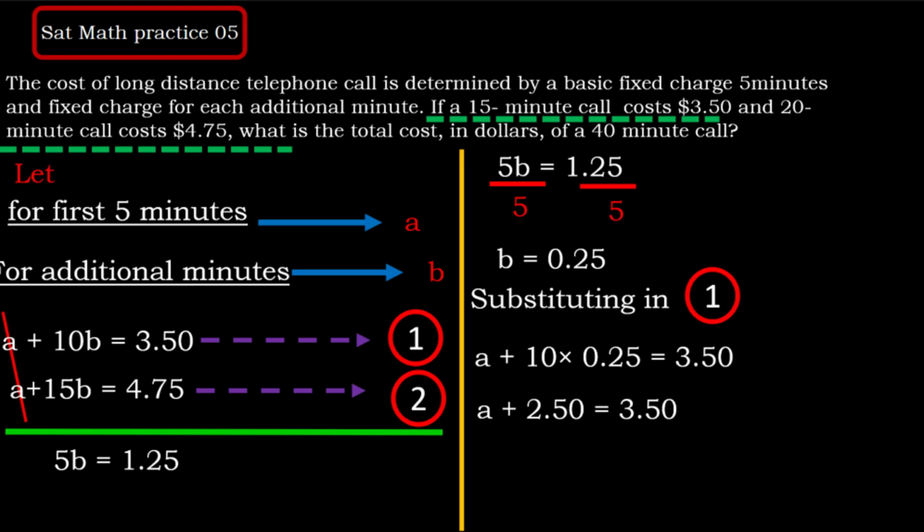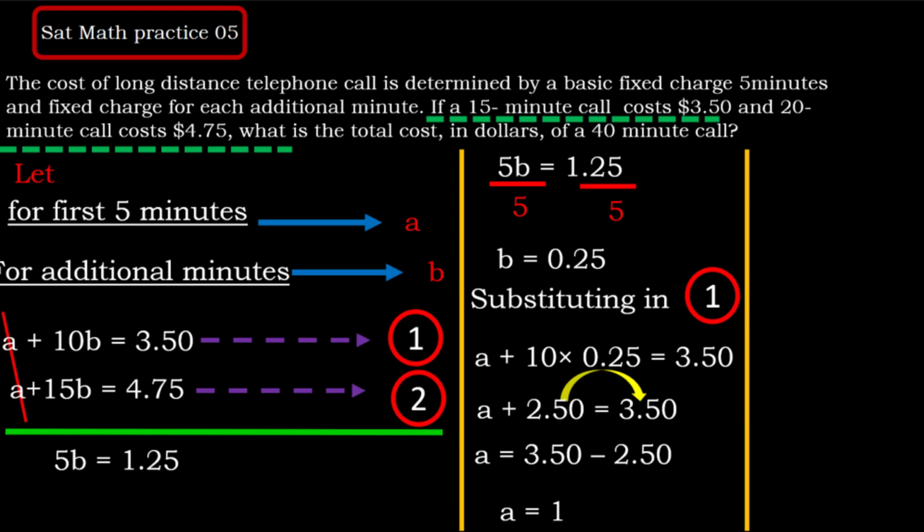Now 10 times 0.25, just move the decimal point to the right one digit, so it will be 2.50. A plus 2.50 equals 3.50. So to find the value of A, move 2.50 to the other side to be subtracted. So A equals 3.50 minus 2.50. So the value of A will be 1.